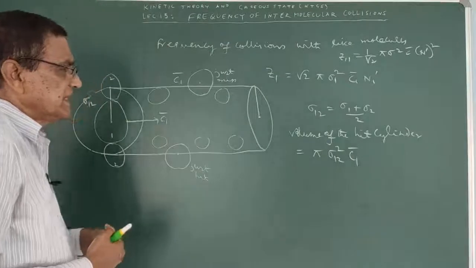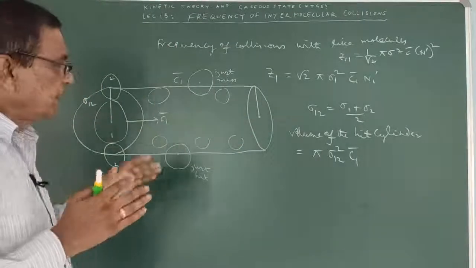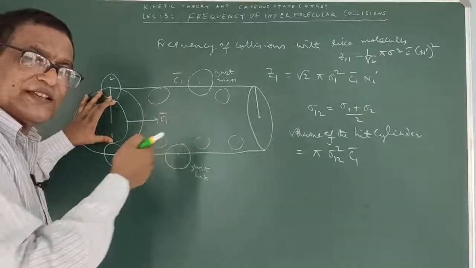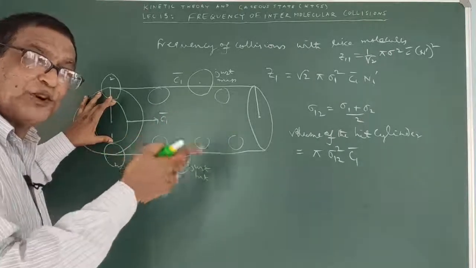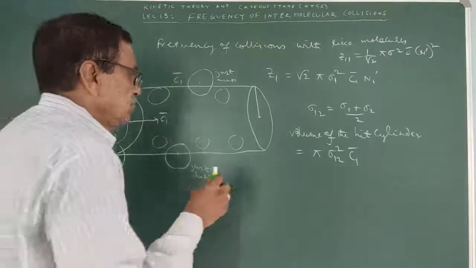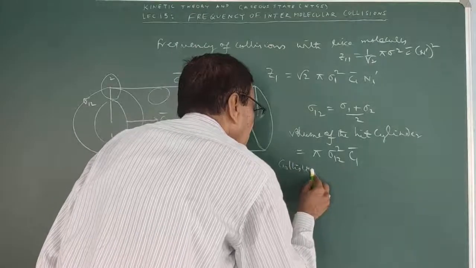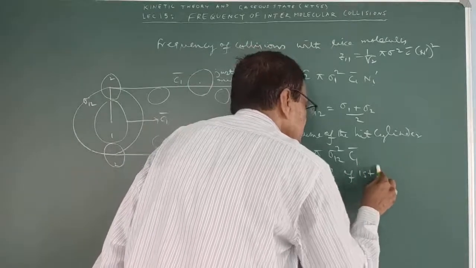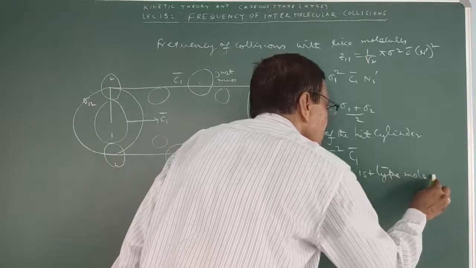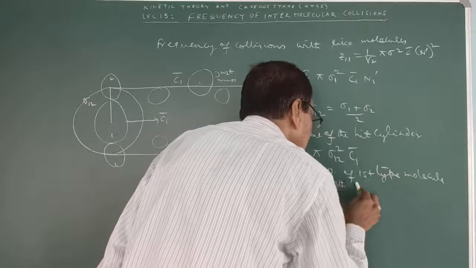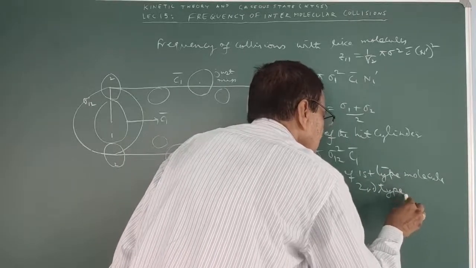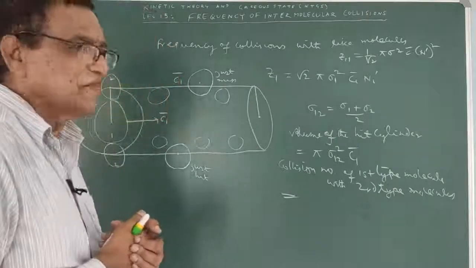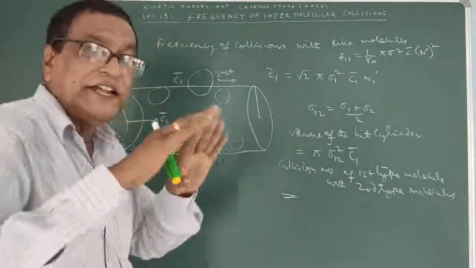If this is the volume, then the number of collisions made by a single molecule of the first type with the second type molecules in 1 second, the collision number of the first type molecule with second type molecules, is equal to this volume multiplied by N2 dash.